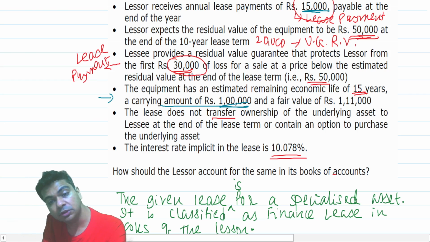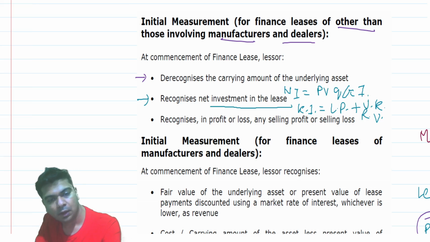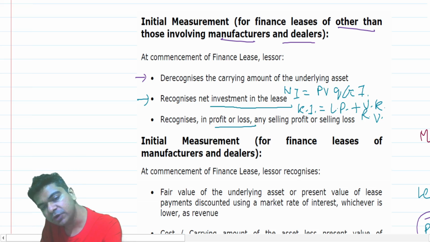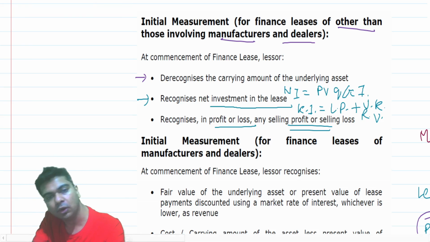Lease payment will also include the guaranteed residual value. So 30,000 is also a lease payment plus unguaranteed residual value, which is 20,000. It's present value. For present value, I need discount rate. 10.078% will become my discount rate. And then they say recognize in profit or loss any selling profit or selling loss. The difference between these two amounts, that will become your gain or the loss.